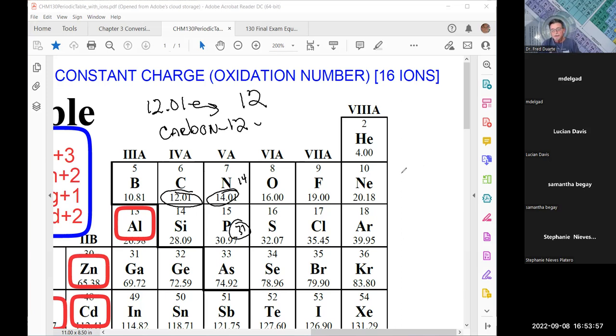Now, here's the thing. Let's take the numbers 11, 12, 13, and 14. Can anybody tell me the average of those 4 numbers? 11, 12, 13, and 14.